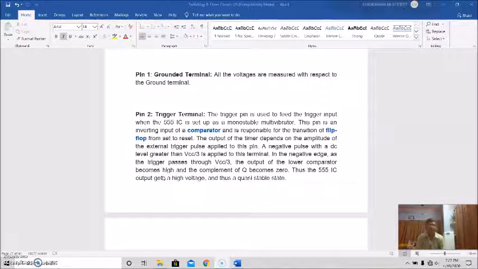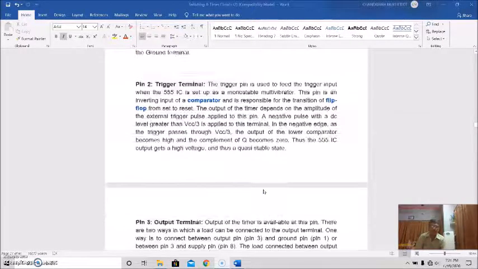A negative pulse with a DC level greater than 1/3 of VCC is applied to this terminal. When the trigger passes through 1/3 VCC, the output of the lower comparator becomes high and the complement of Q becomes 0. Thus the 555 IC output gets a high voltage and thus a quasi-stable state.